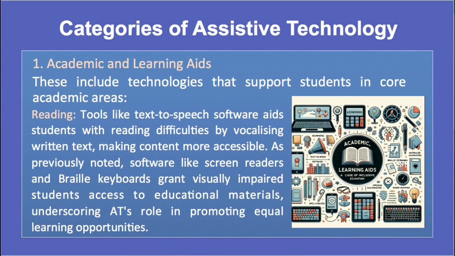For reading, tools like text-to-speech software aid students with reading difficulties by vocalizing written text, making content more accessible. As we already previously noted, software like screen readers and braille keyboards grant visually impaired students access to educational materials, underscoring assistive technology's role in promoting equal learning opportunities.